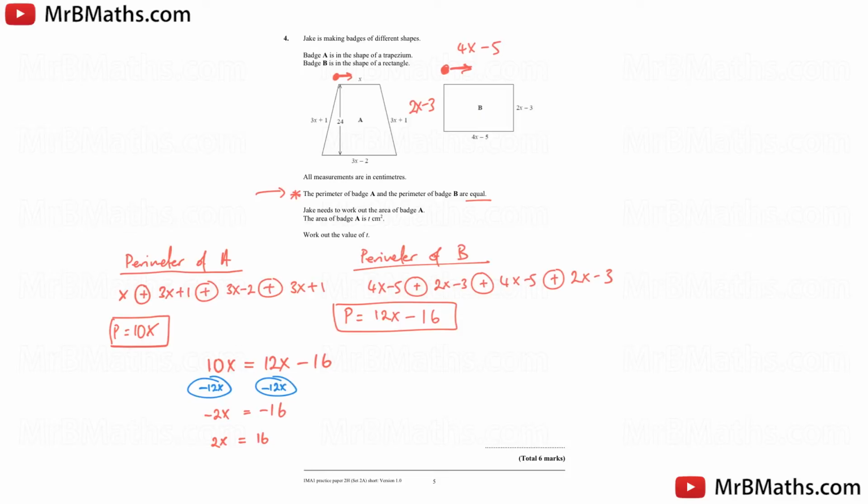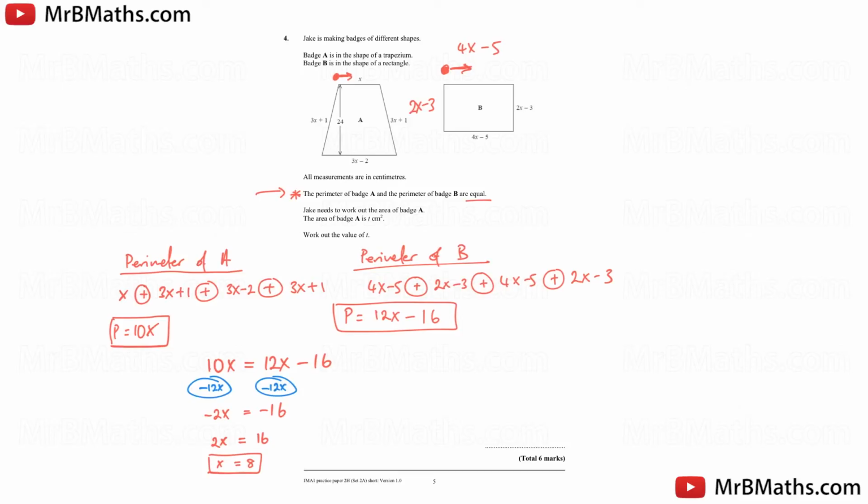And then we need to get x by itself. So it's been times by 2, so we divide by 2. Therefore x equals 8. Now we do need to work out the area, so we need to know the area of badge A. A is a trapezium.